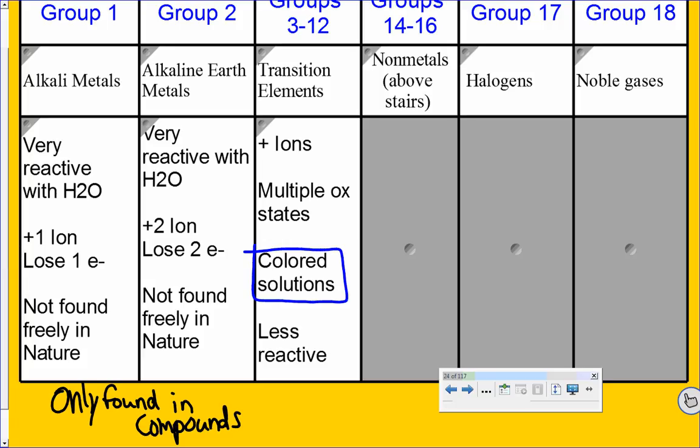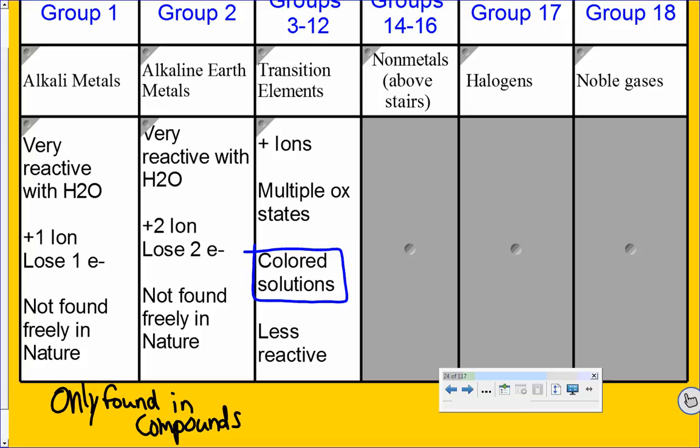So if you think about the copper sulfate lab where you had to evaporate the water from those blue crystals, their compounds and solutions, when they're associated with water, take on colors. You might remember also seeing some of our solutions with copper in them are the ones that look blue.